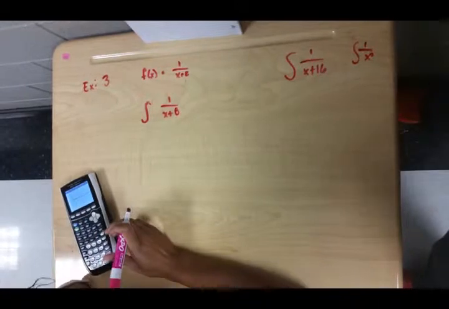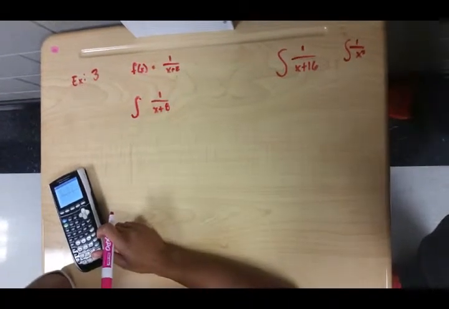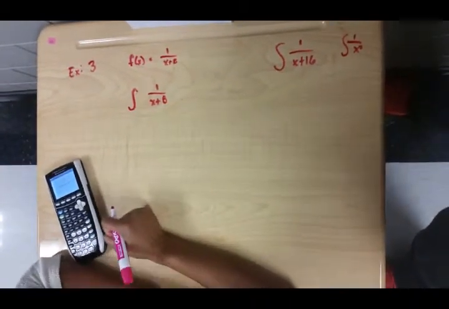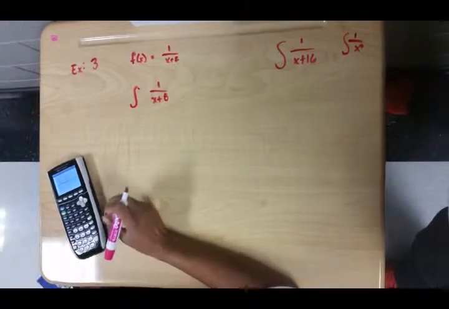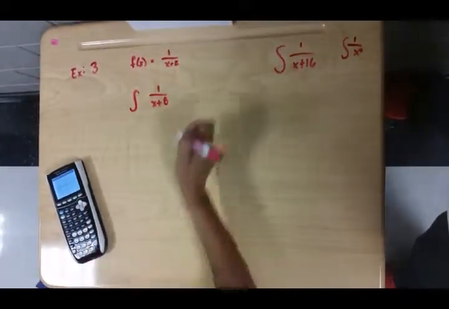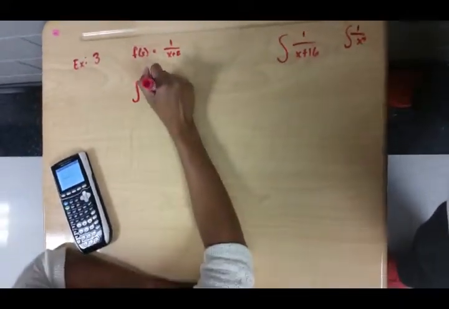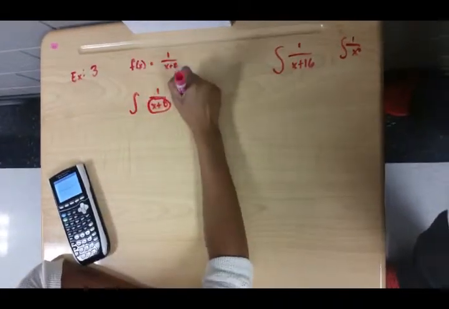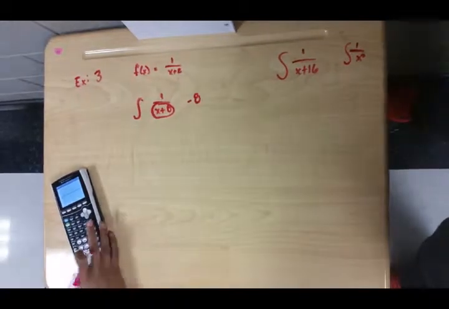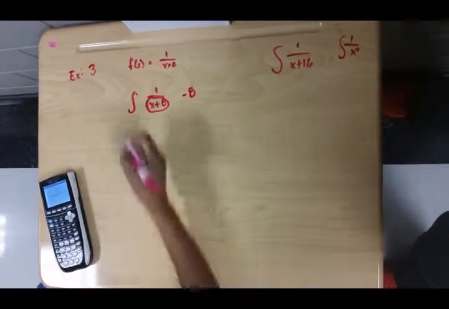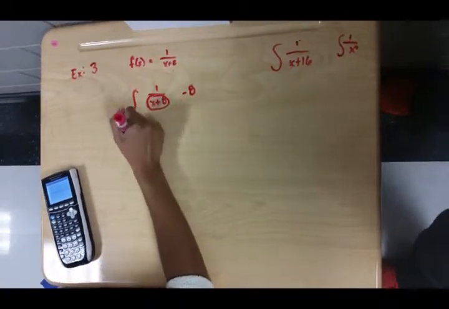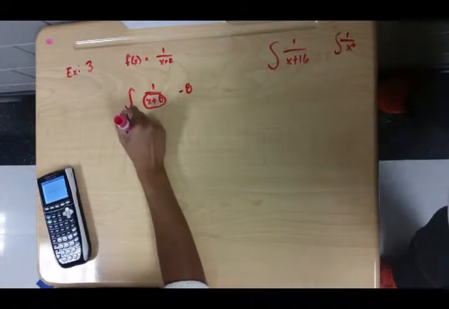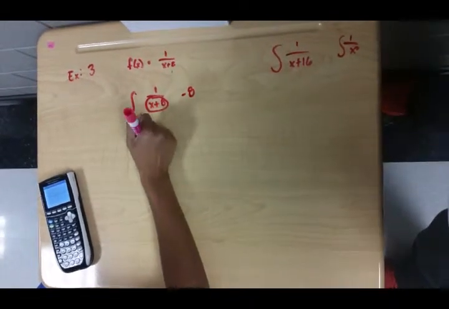Okay, so for our third example, we're going to do the integral of 1 over x plus 8. And this is similar to what we've been doing before, except this here is a vertical asymptote. So you know for a fact that one of your bounds is going to be -8. Okay, and so let's just do the integral from -8 to 0.